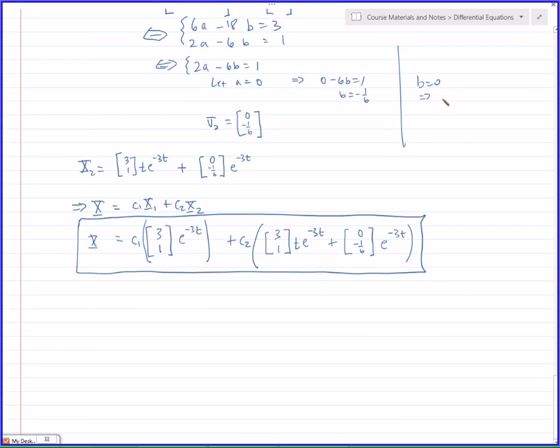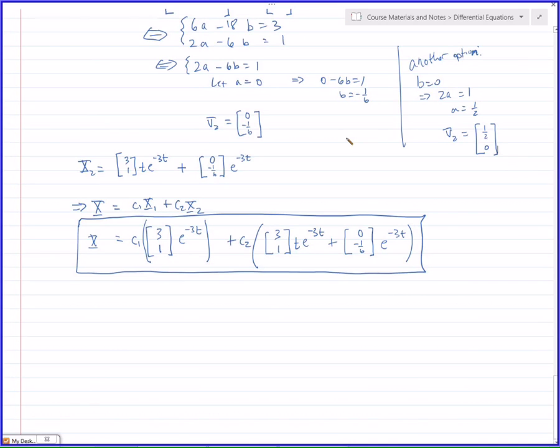Then what does that mean up here? Another option. You get 2a equals 1, so a is 1/2. So what would be the vector in that case? 1/2, 0. So if I put a 1/2, 0 here, I've still got a linearly independent solution from x1.